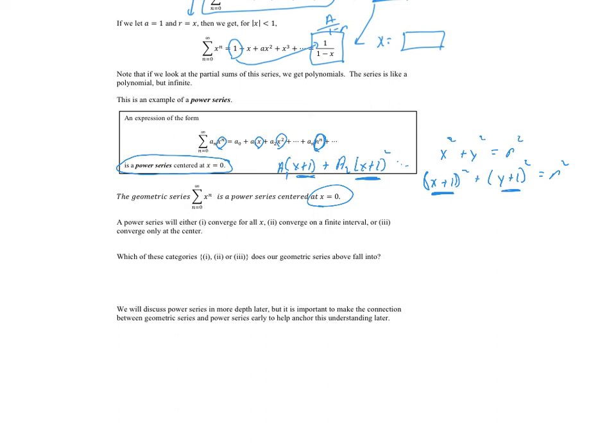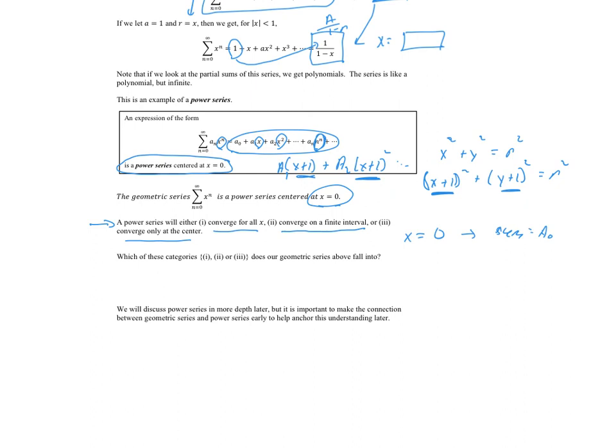All right, a power series will either converge for all x, it's going to converge on a finite interval, so something like between -1 and 1, or it's only going to converge at the center. You can imagine, if we're centered at 0, if x equals 0, and we look at this list, everything that has an x in it is going to be a 0, so all you're going to do is add it up, and your sum is going to be your a sub 0.